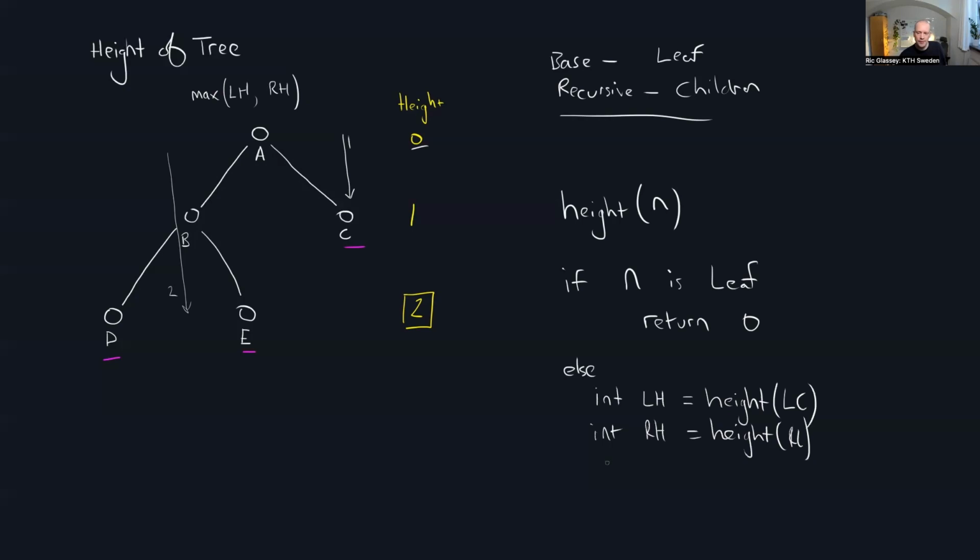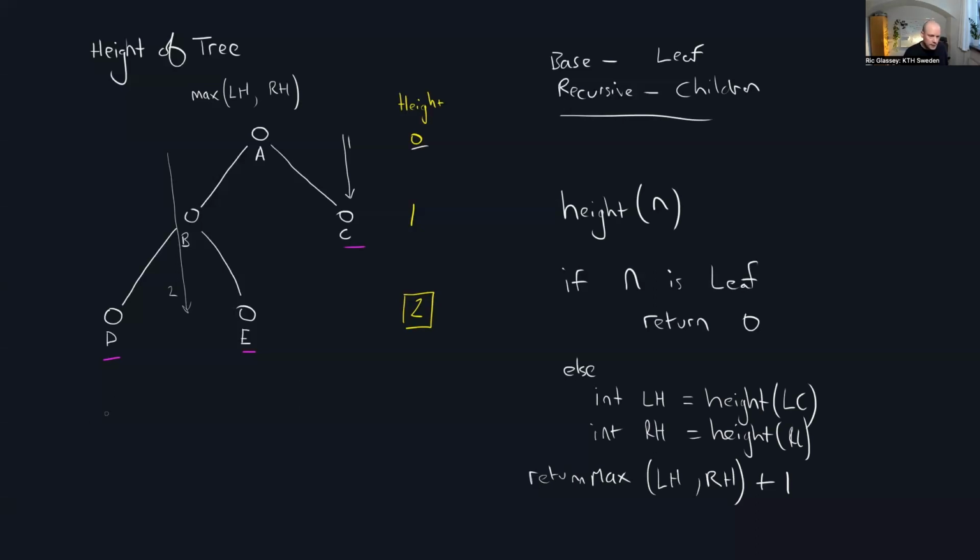We want to find out what is the maximum of these two numbers, so we basically want to ask which is maximum. The thing that we're missing here is every time we go down a level, we want to remember that we went down a level. So we can add 1 onto this to act as a counter. And I think I forgot my return there. Otherwise, that's not a proper call.